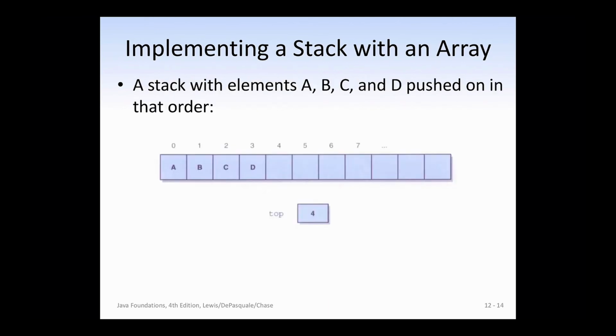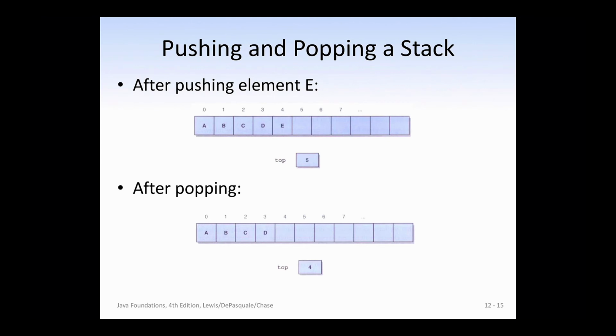So here we have a stack where we've pushed A, then B, then C, then D. In this case, our top is listed as 4. It tells us how many elements are in the array. It tells us where the next thing we're going to push on the stack goes. And then if we were to push another element, if we were to push E on the stack, it would go where the top said, which is 4, and we'll bump the top up to 5.